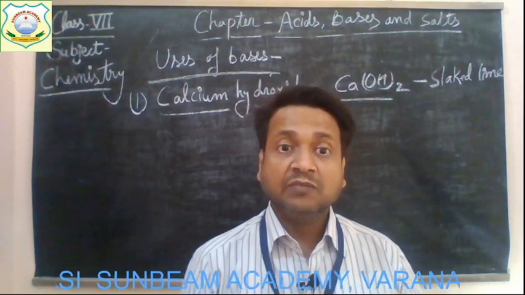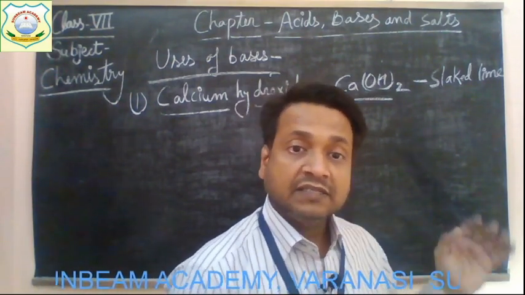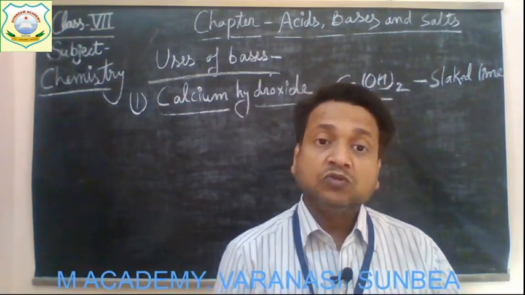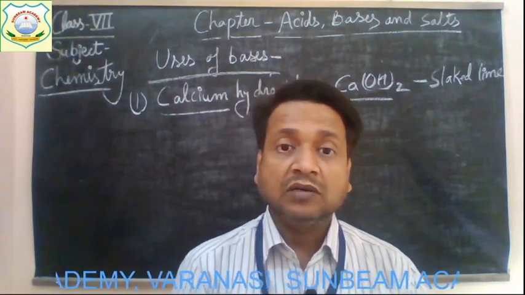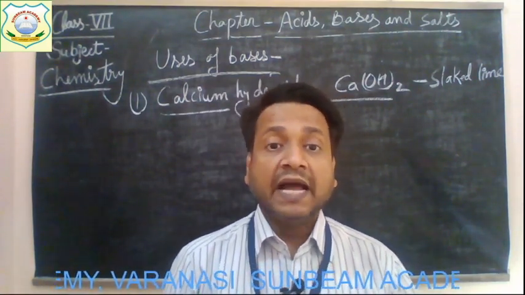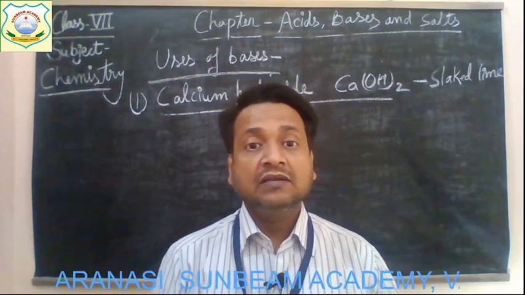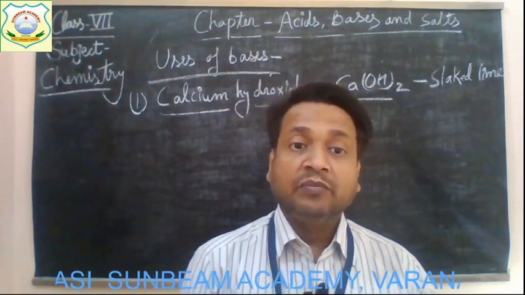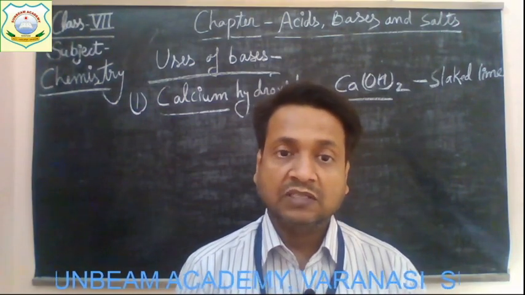Okay children, you must have seen buildings whitewashed by calcium hydroxide. It is also used to manufacture bleaching powder. Children, do you know bleaching powder? It is a kind of disinfectant used to kill certain germs. So bleaching powder is manufactured using calcium hydroxide.